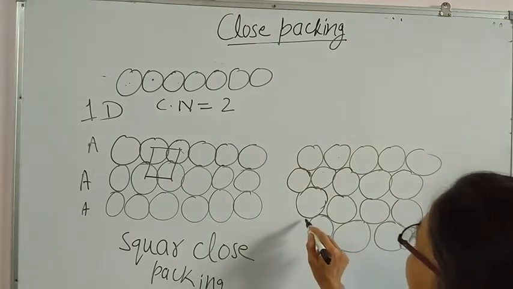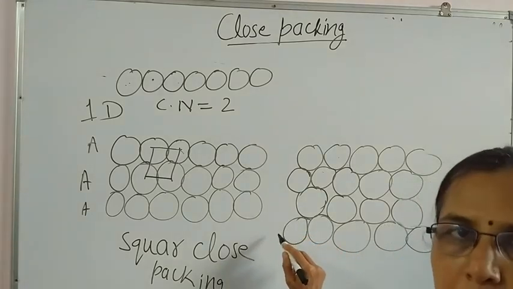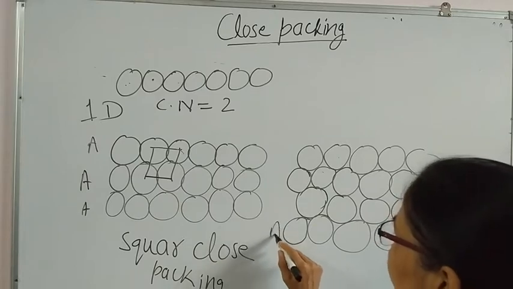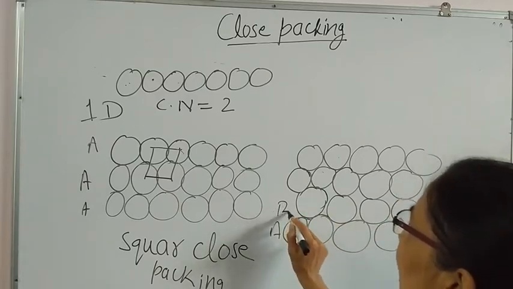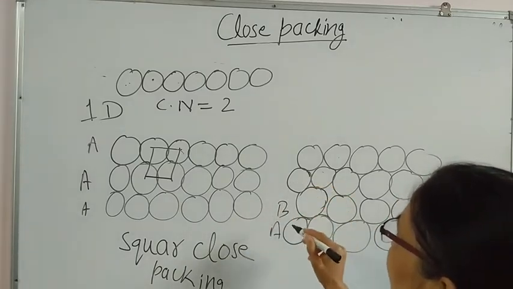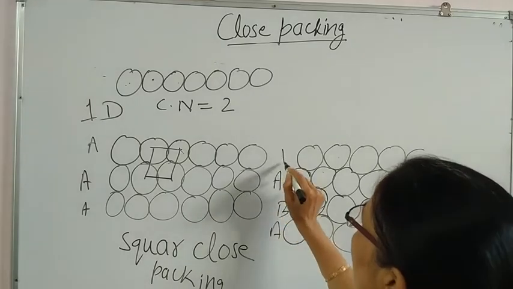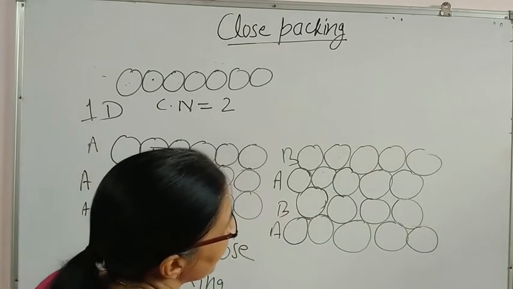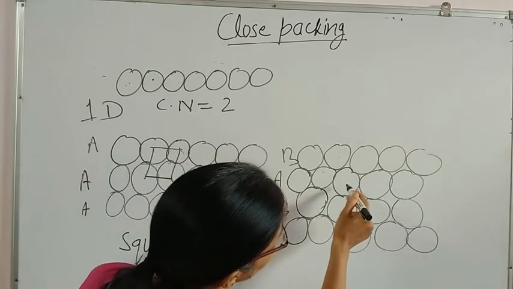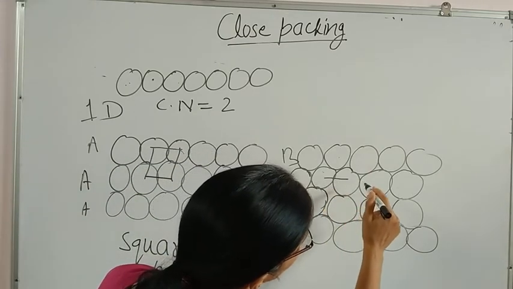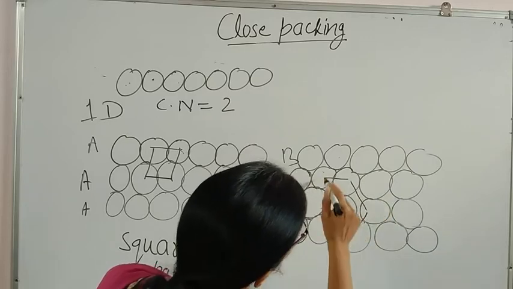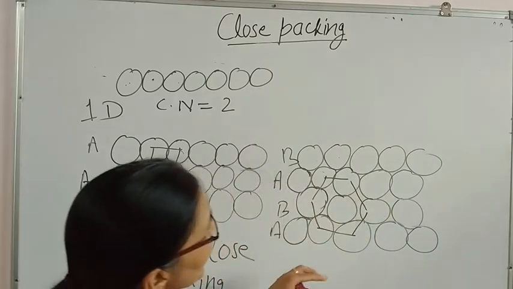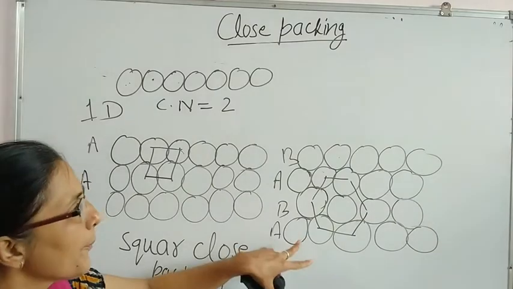So this one is the A layer, and this one you have to call the B layer. A is again similar to A, so this arrangement is AB arrangement. Now for one atom, if I draw the nearest particles, then it will come like this. So it is hexagonal close packing.